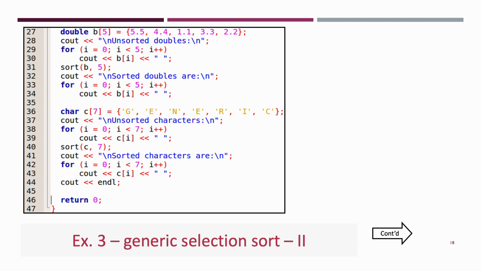Finally, the sorted double values are displayed. Similarly, character array C is initialized with unsorted characters, and so on. So the whole example illustrates the power of templates in C++, as the same sorting function works seamlessly with different data types, showcasing the efficiency and reusability of templated code.